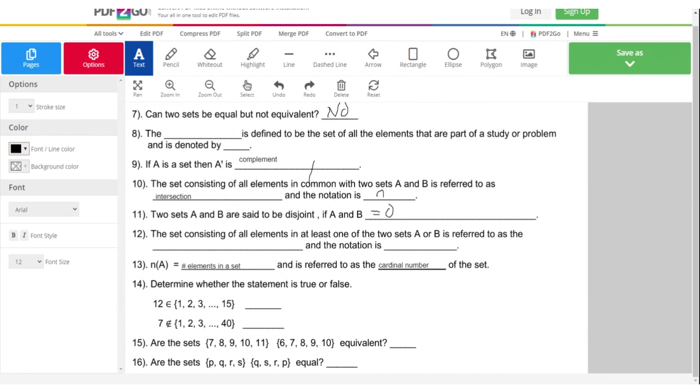From that pattern, it's going along individually, so 12 will be in there. So this is a true statement. 7 is not an element of this set. Well, it's the same thing. It's starting off 1, 2, 3, so it's going to go 4, 5, 6, 7, 8, 9, 10, all the way up to 40. So this is false.